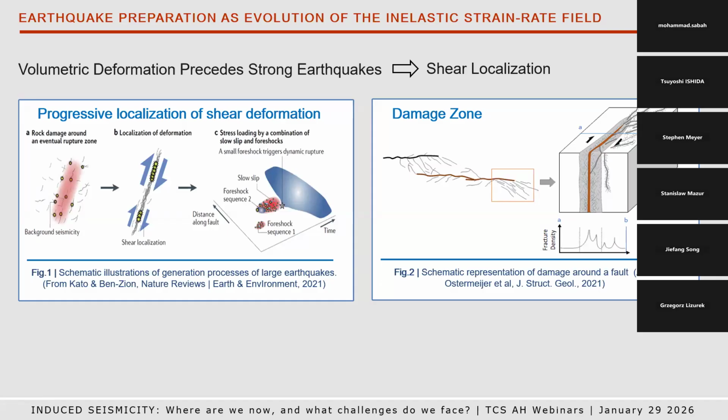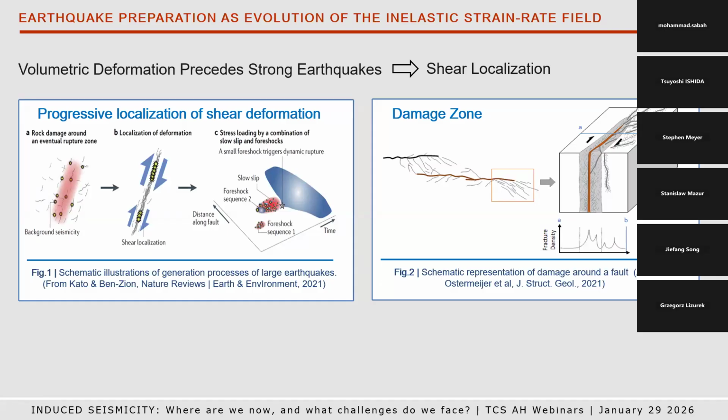This concept grew out of evidence, observations from laboratory experiments and also from real tectonic seismogenic zones and anthropogenic seismicity cases, that volumetric deformation precedes strong earthquakes, and this deformation transitions to shear localization, and then we expect failure.